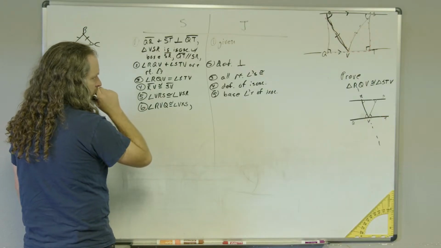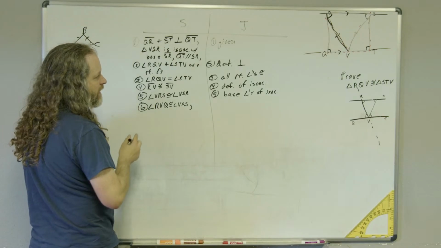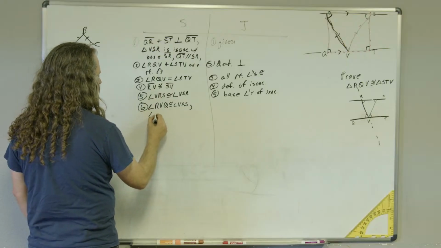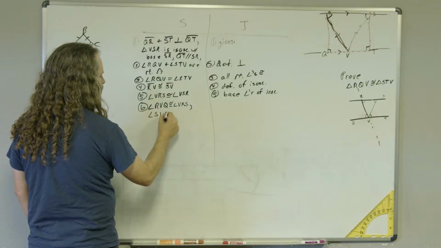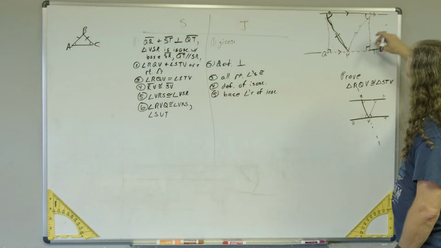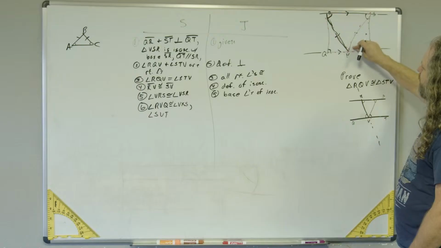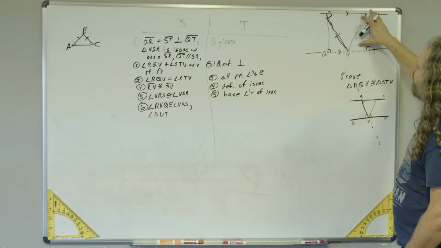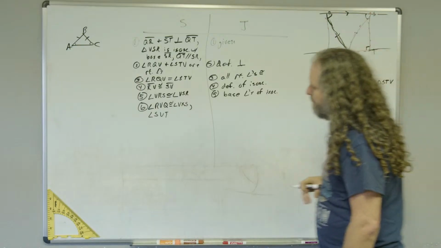So angle SVT, that's this one. Remember, you count it in that order. So SVT would be this angle, right? This one is alternate interior with this one, right?